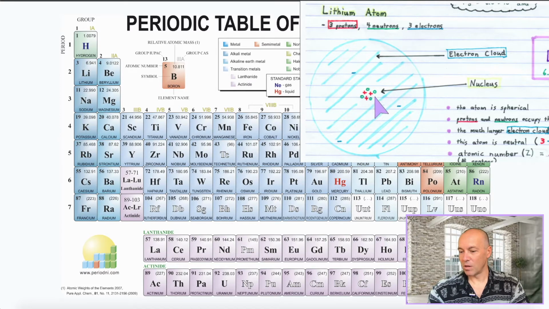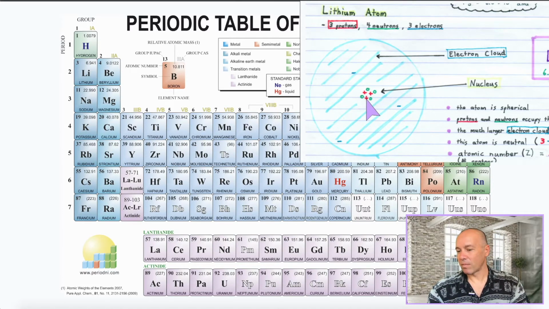The protons and neutrons are much heavier than the electrons are, and also the protons have a positive charge to balance out the negative charge on the electrons. Neutrons do not have charge. They are neutral in charge. So that's what a lithium atom looks like. And all lithium atoms have 3 protons, and anything with 3 protons we call lithium.